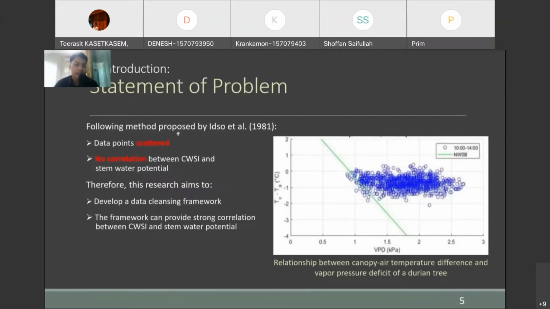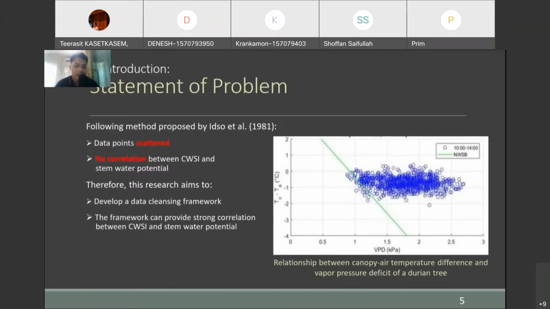And following the method proposed by Idso et al., we try to find a relationship between canopy air temperature difference and the vapor pressure deficit of a tutoring tree. And as you can see, the data points scatter along the x-axis.